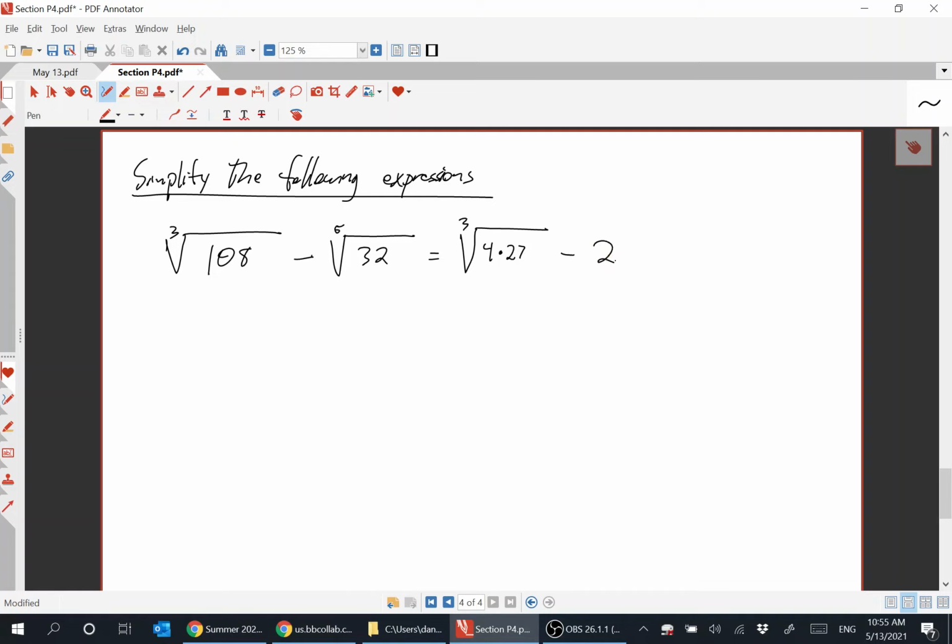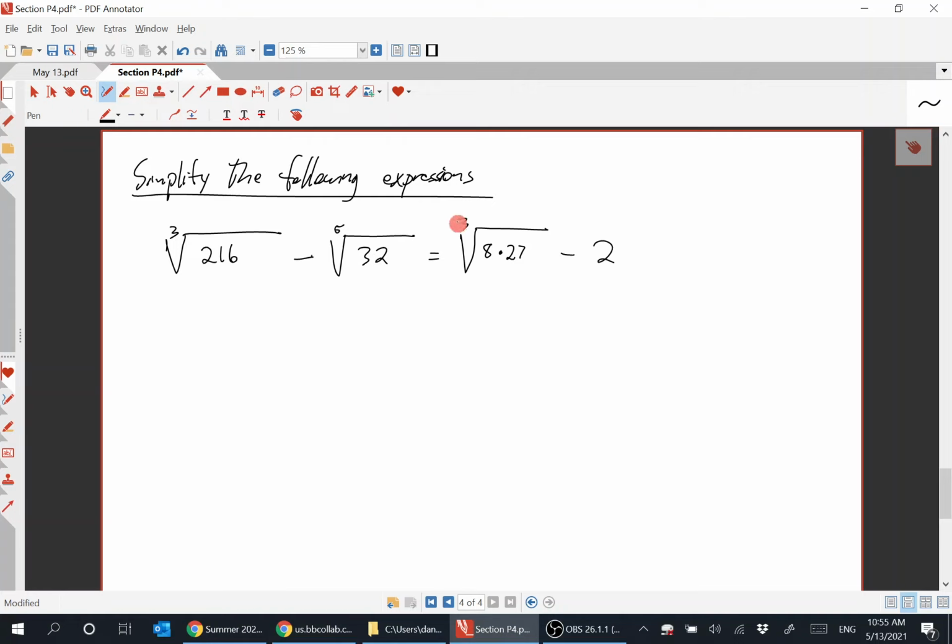So this one is just 2, right? Actually, maybe let's not do 108. Let's make it a little bit more, 216. So 216, that is actually 8 times 27, minus the fifth root of 32, 32 being 2 to the 5th. So the fifth root of 32 is just 2.